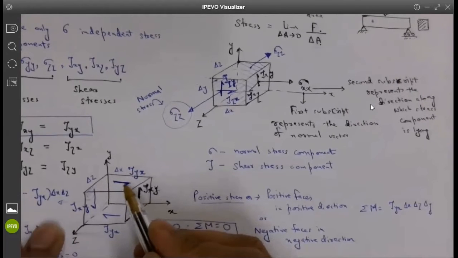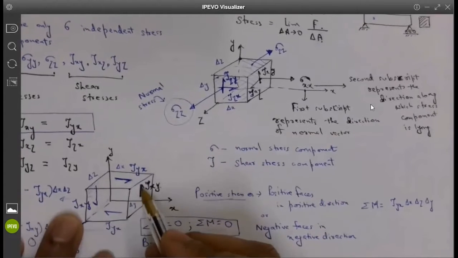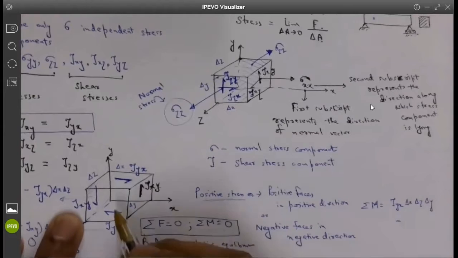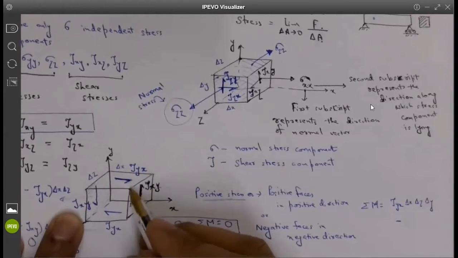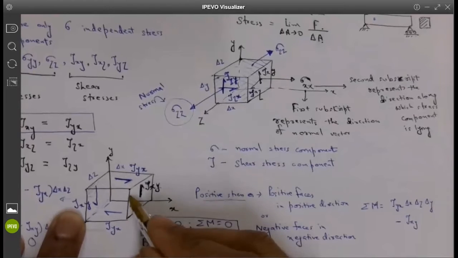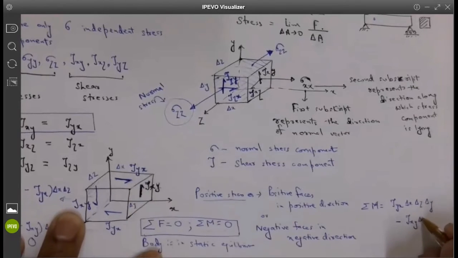Everybody is with me? Correct. And what will be the moment due to this specific stress component? It will be negative, because if I am considering clockwise moment as positive, then counterclockwise will be negative. So it is negative tau xy times the area, which is delta y times delta z.